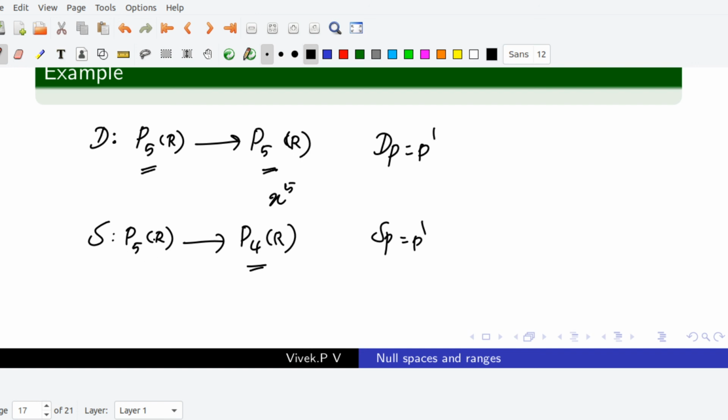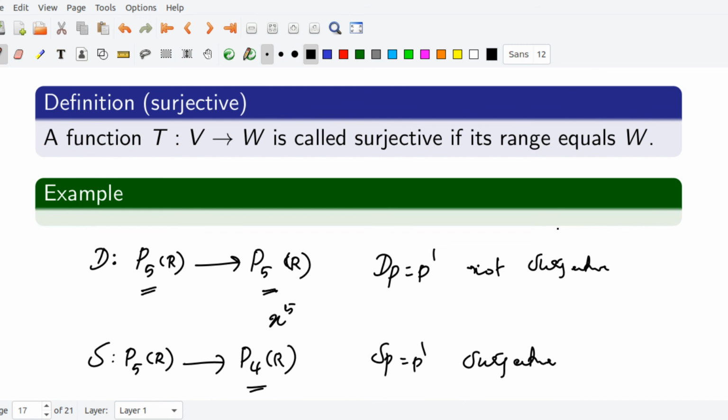So for any polynomial in P4(R), we get a pre-image among the 5th degree polynomials. So the first map is not surjective, but this one is surjective. Okay, so you got the idea of a surjective map.